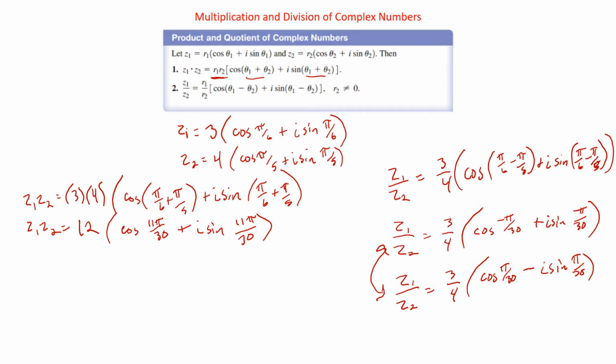So that's even easier. Division is quicker doing it this way than doing the other way, because the other way you had to multiply by the complex conjugate on top and bottom, and then multiply both of them out, simplify.